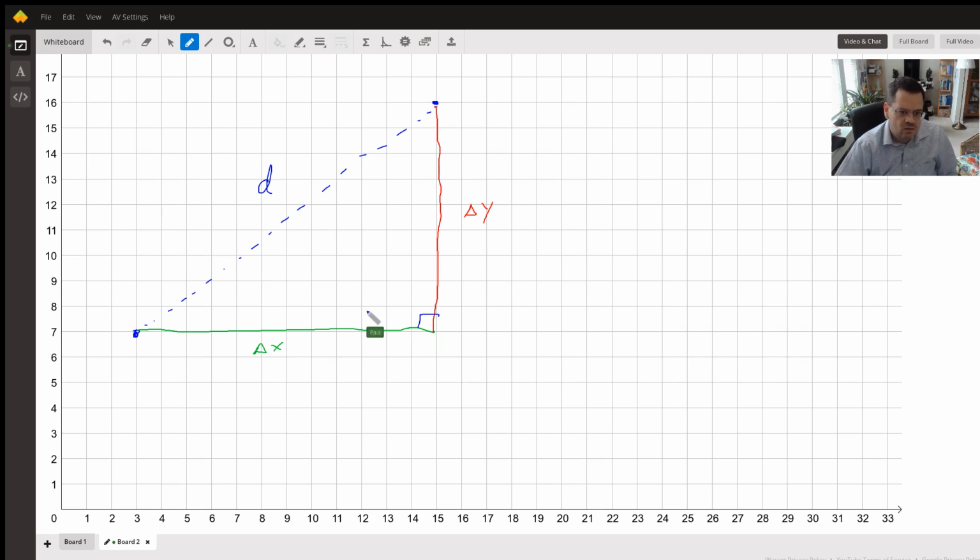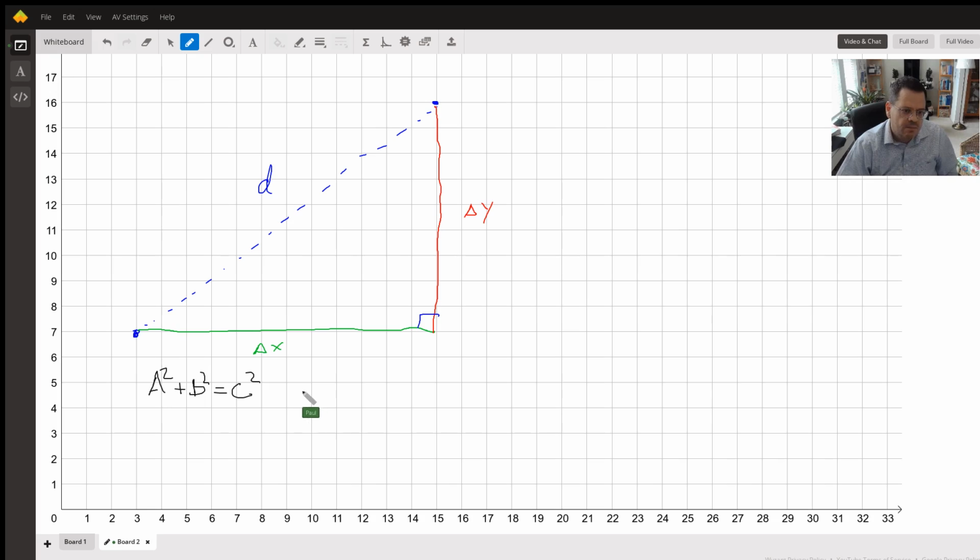So we can use the Pythagorean Theorem, and that says a squared plus b squared equals c squared, right? And c is the hypotenuse, the diagonal line here.